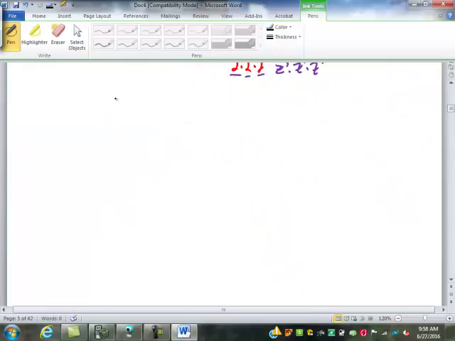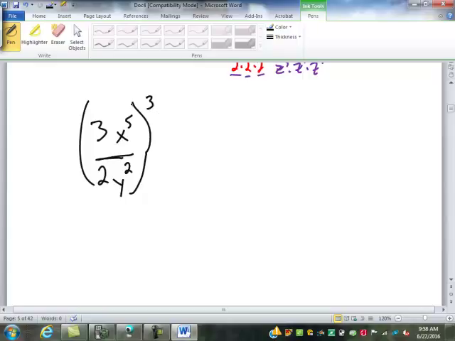So let's have you try one. Try that one there. 3x to the fifth over 2y squared, all to the third power.